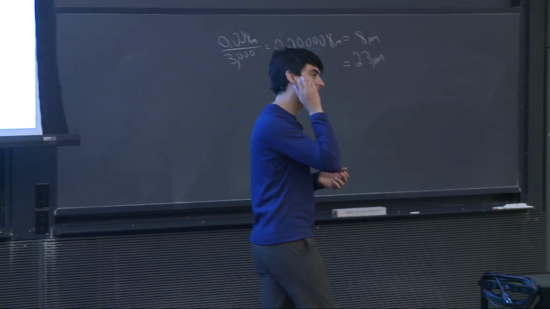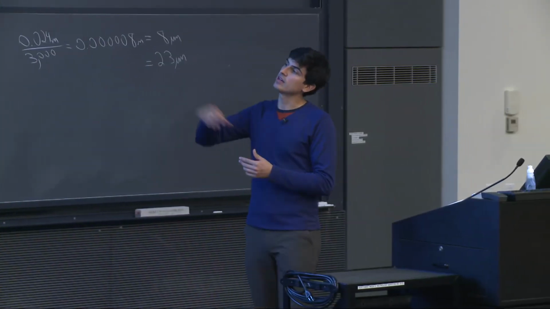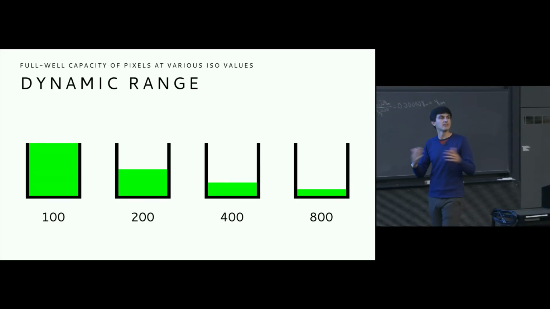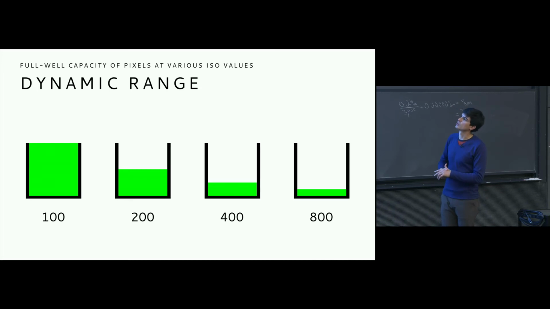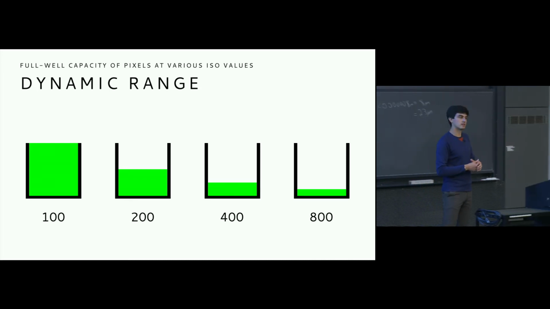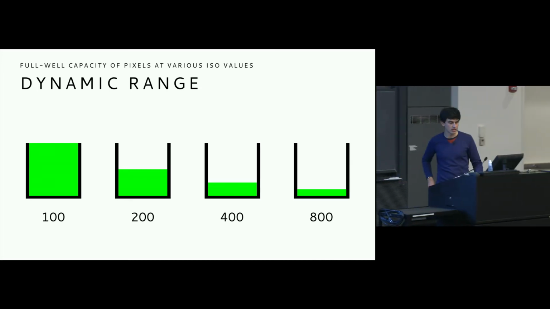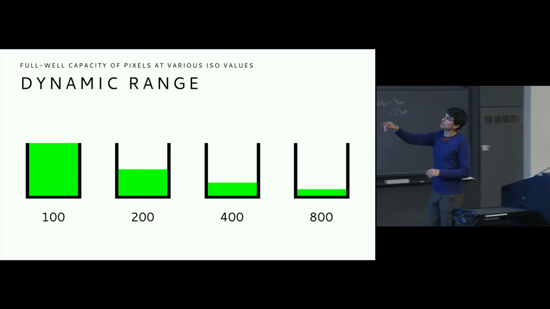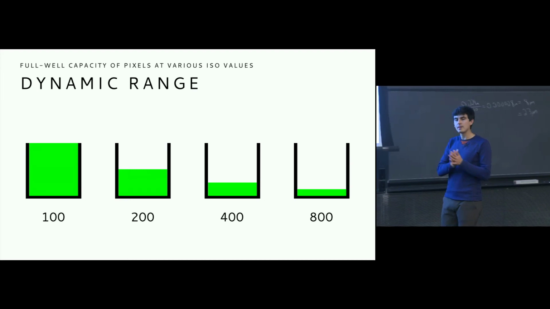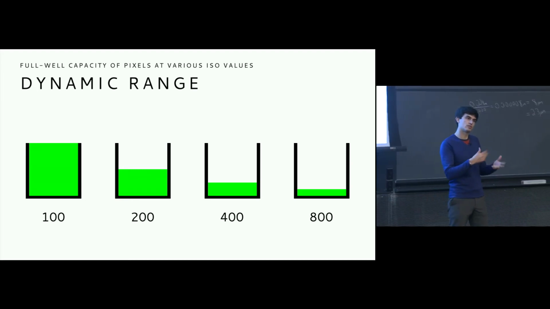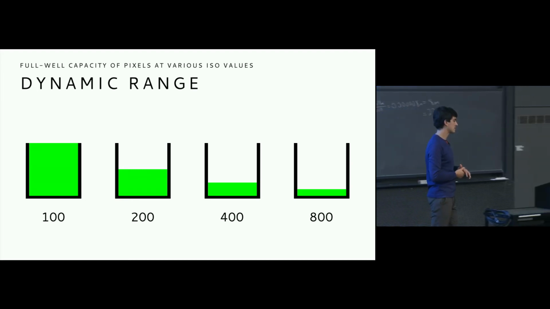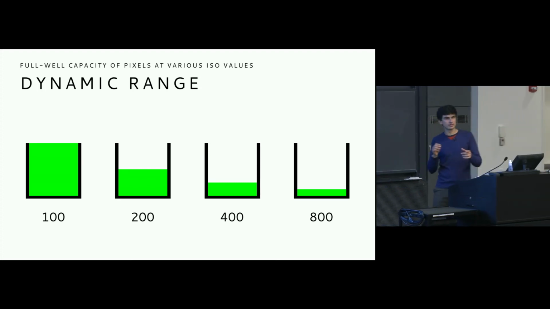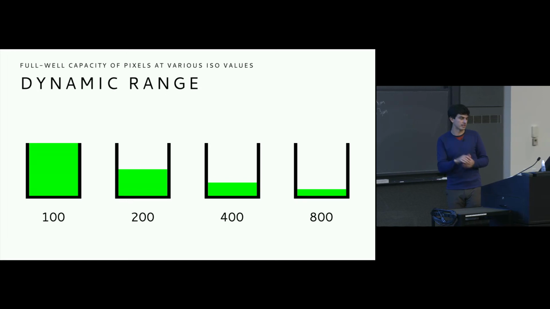Now, it's not quite as bad as it might look here. Going from ISO 100 to 200, or from 200 to 400, we're not actually halving the dynamic range, because through some fancy electronic tricks, as we increase the ISO, the read noise actually goes down just a little bit.